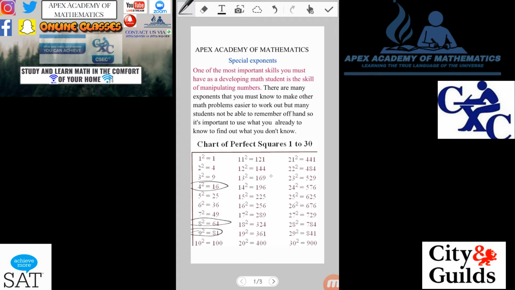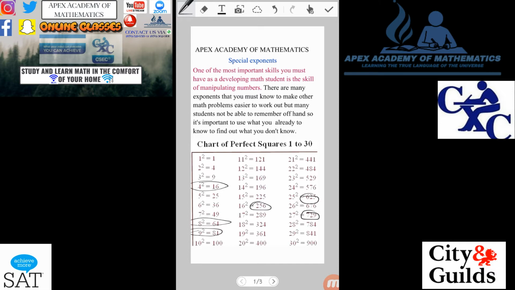We're going to take a look at the number 256. These numbers are really special numbers that we really need to take a look at. Also let's take a look at the number 625 and also 729. So these numbers really are going to come in quite handy.